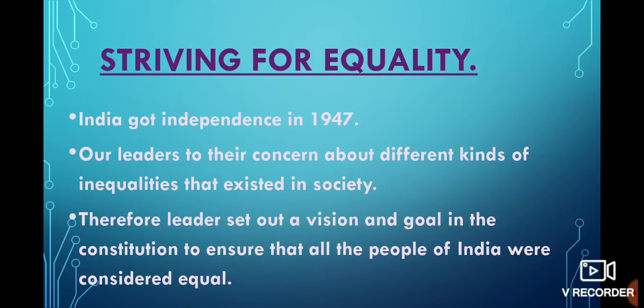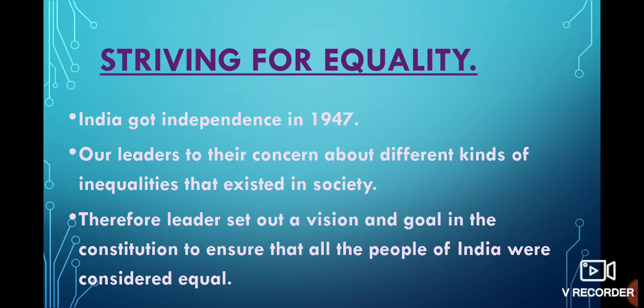India got independence in 1947. Our leaders were concerned about the different kinds of inequalities that existed in society. They were concerned not only about freedom, but what about after freedom? When the Britishers go, who will rule this unequal society? This was a big problem.